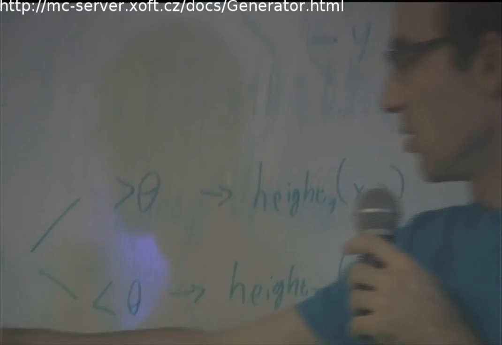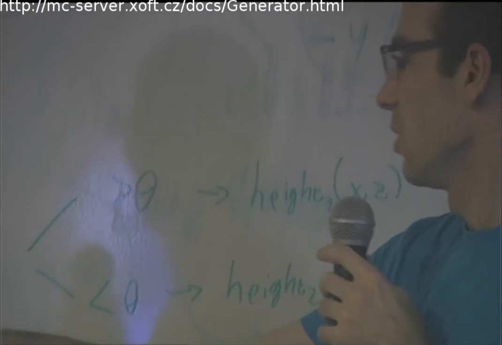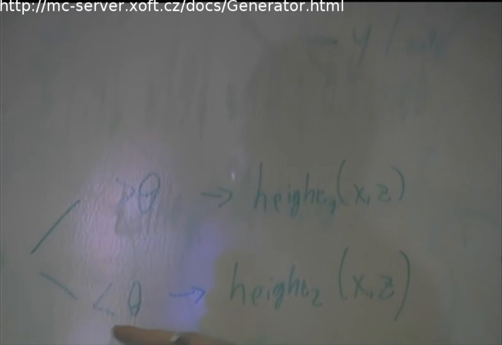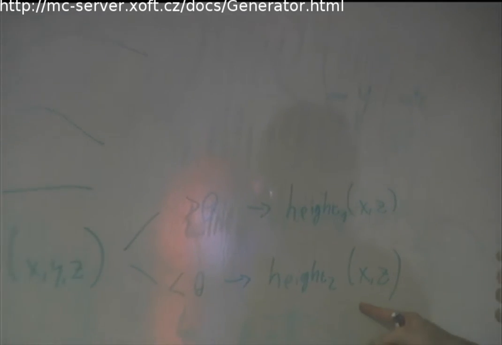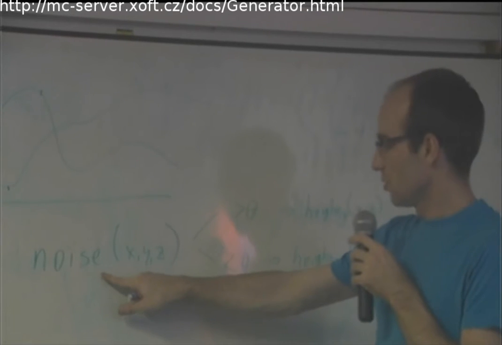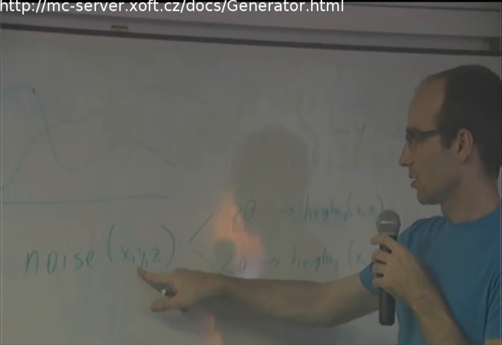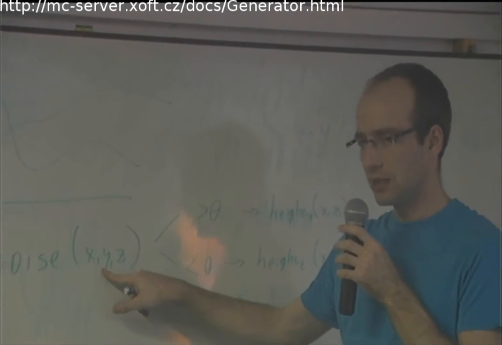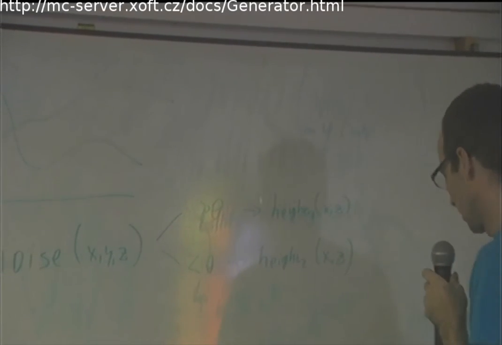So based on the noise, 3D noise value, if it's more than 0, use one height map. If it's less than 0, use the other height map. Note that this value depends on the y coordinate, so it actually does provide a density instead of a height map.